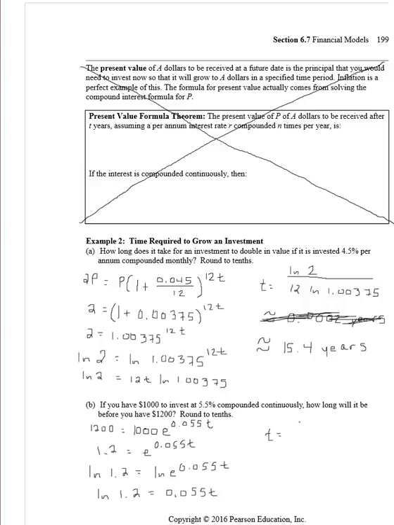So t equals natural log of 1.2 over 0.055, which is approximately 3.3 years. Okay, that's it for section 6.7.